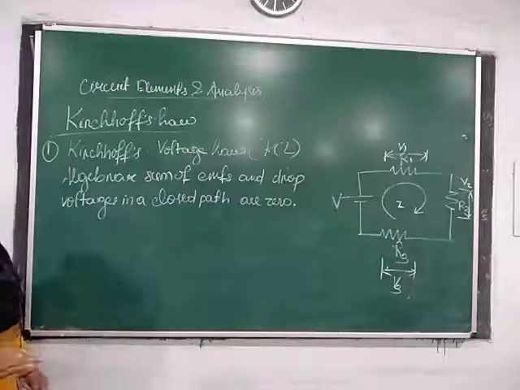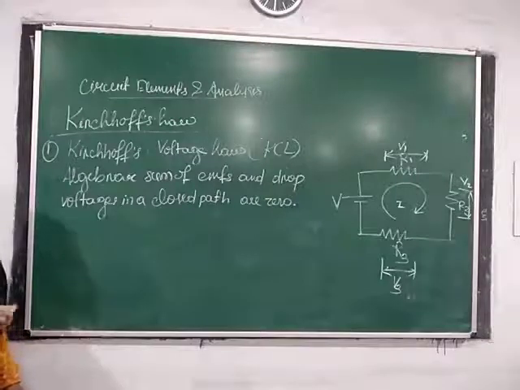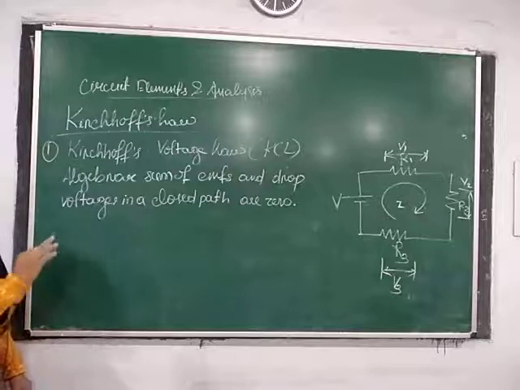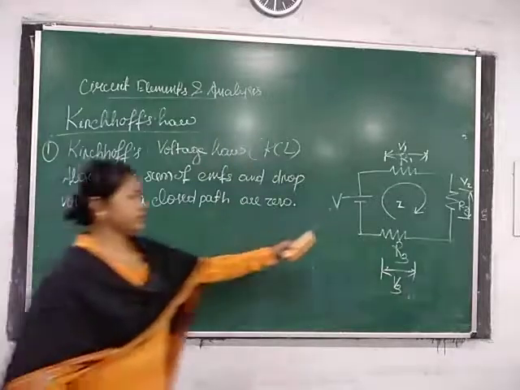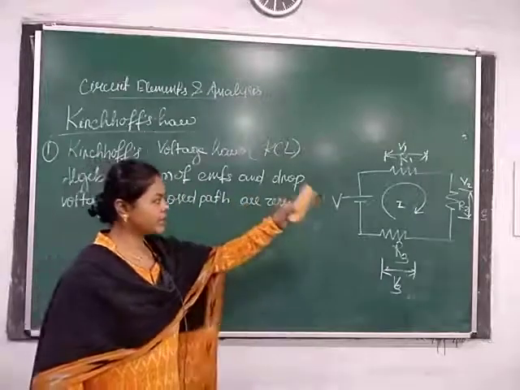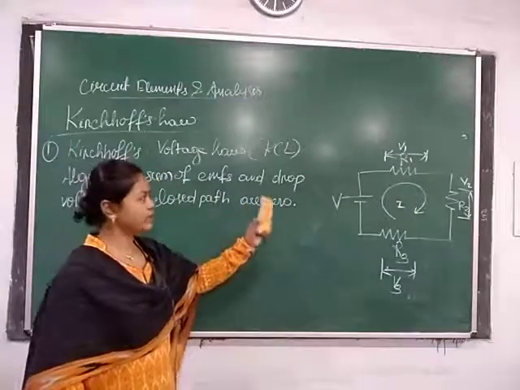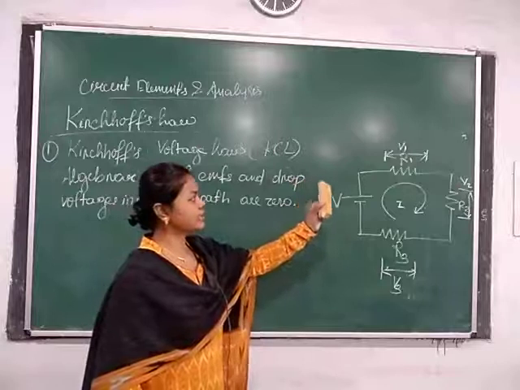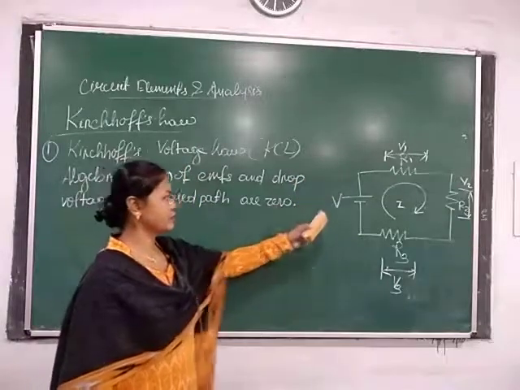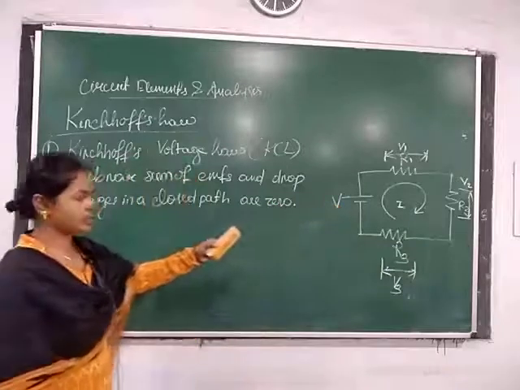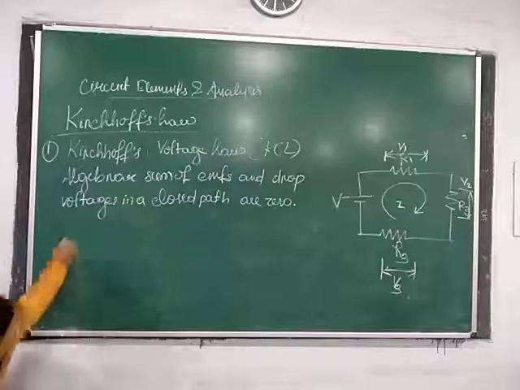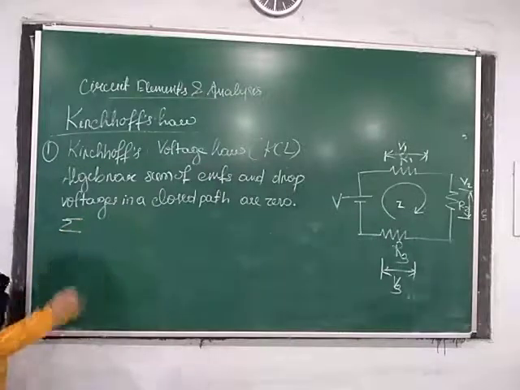Like your Kirchhoff's current law, you choose the polarity for incoming current and outgoing current. Here also in this electrical circuit, you see two types of voltages are there. One is the supply one and another is the drop one. Drop means the voltage across resistors which take power from this voltage. Here also you separate their polarity.